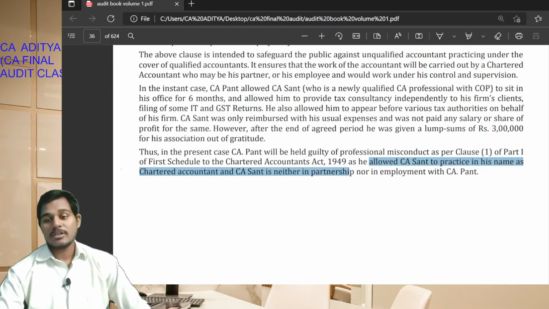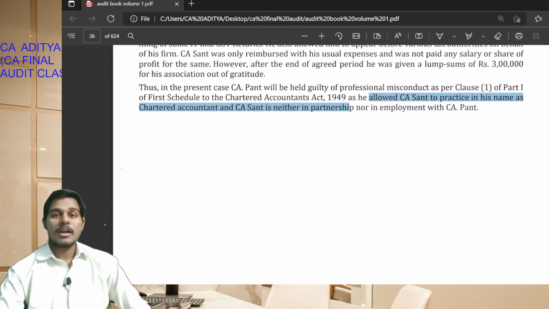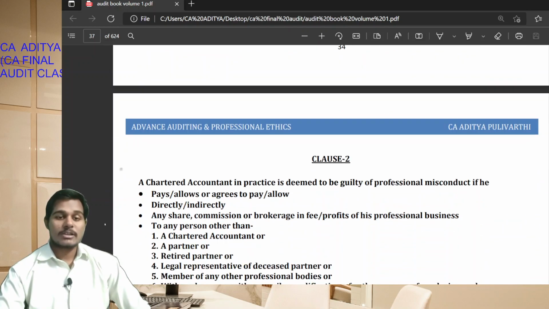That is what is explained in clause 1 of part 1 of the first schedule to the Chartered Accountants Act, students. Let's see clause 2.